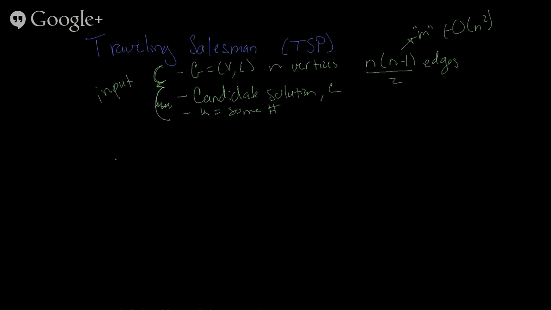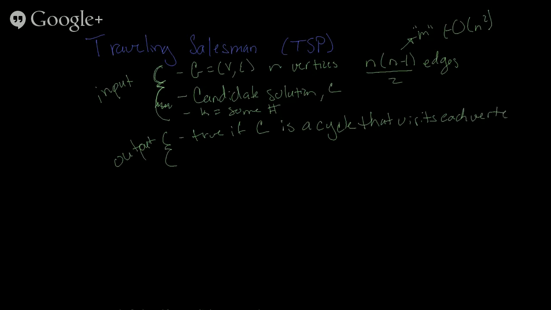And your output, again, is just going to be true if C is a cycle that visits each vertex and has total weight of less than or equal to K, and again, false if not.